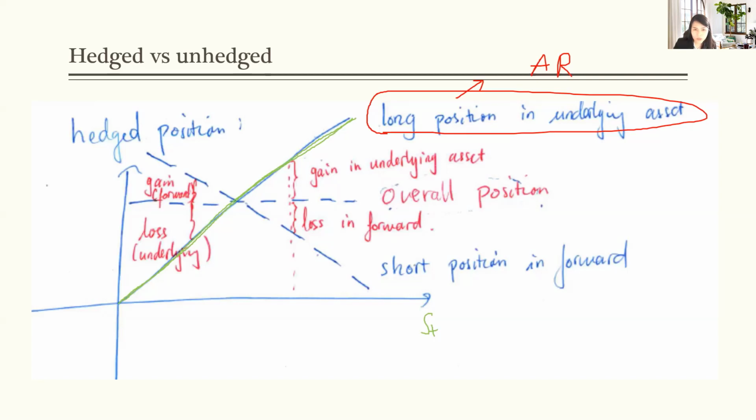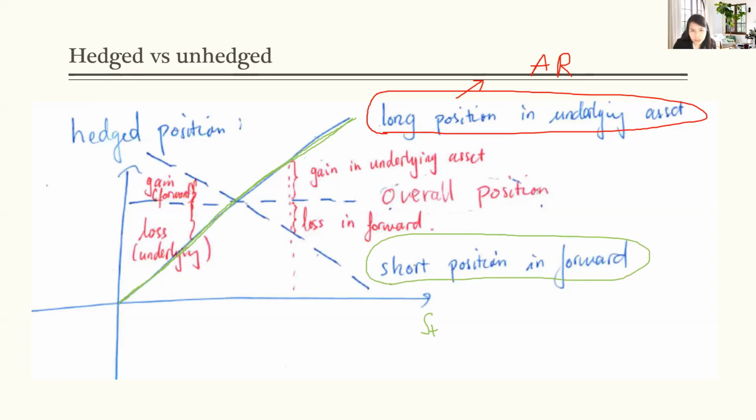To eliminate any impact of exchange rate risk on my payoff, I'm going to enter into a short position in the forward contract, right? I'm going to be selling the foreign currency forward of the exact amount of my account receivable.